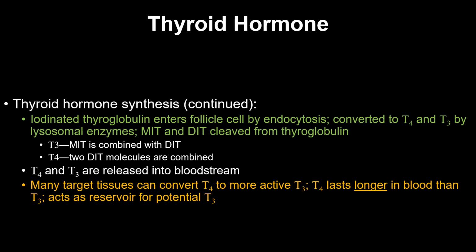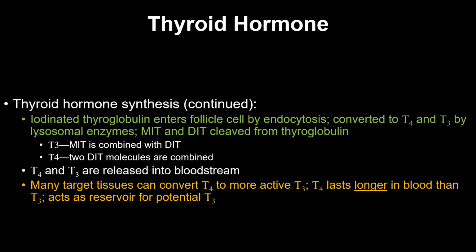The iodinated thyroglobulin is taken up by the follicle cells, where the endocytic vesicles fuse with lysosomes, where the enzymatic reactions cleave the MIT and the DIT from the thyroglobulin. If an MIT molecule is combined with a DIT molecule, the result is T3. If two DIT molecules are combined, the result is T4.